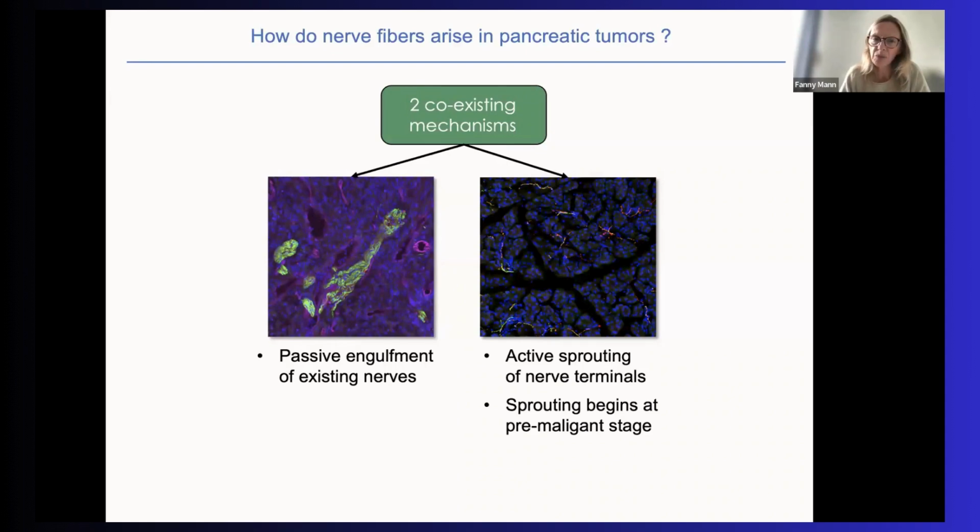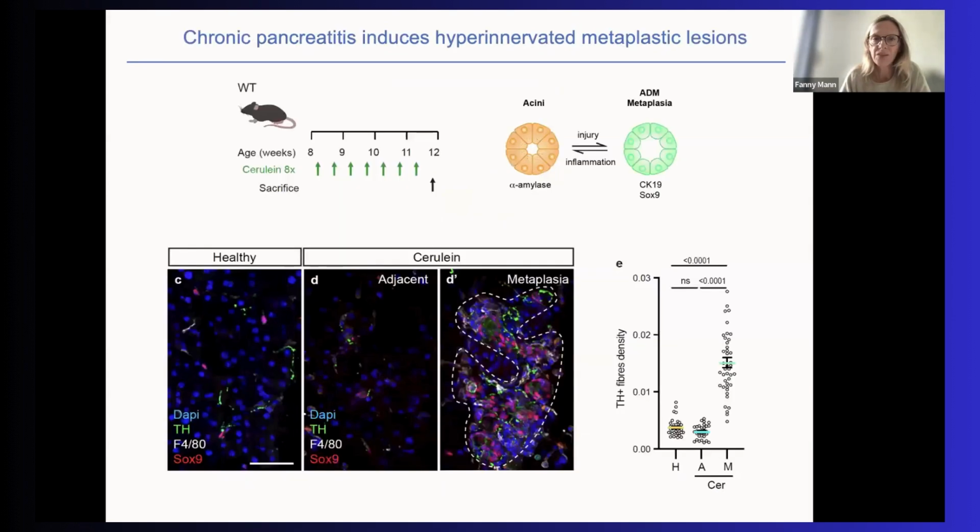So our next question was to understand what is the molecular mechanism underlying this sympathetic axon sprouting. To answer this question, we have used a mouse model of chronic pancreatitis induced by repeated injections of caerulein. This model produces metaplastic pancreatic lesions that resemble the earliest lesions in the development of pancreatic cancer.